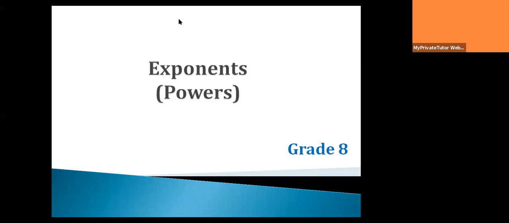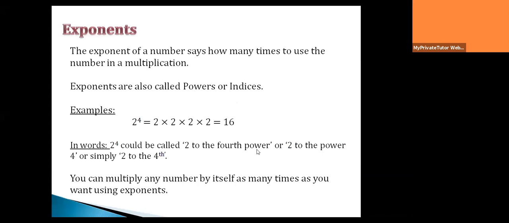So exponents, in a sense, mean a number to the power of something, isn't it? Which means a number is multiplied by itself exponent times. The exponent can be any number. Exponents are also called powers or indices.